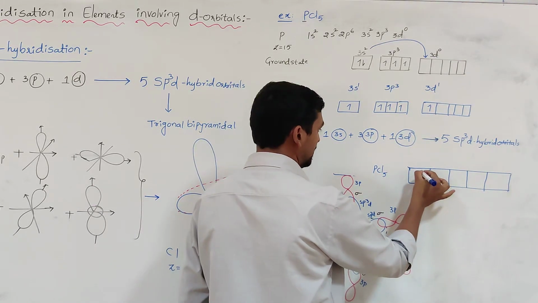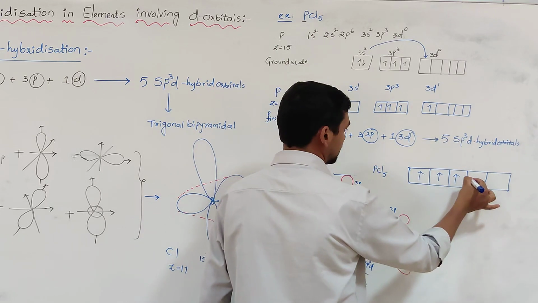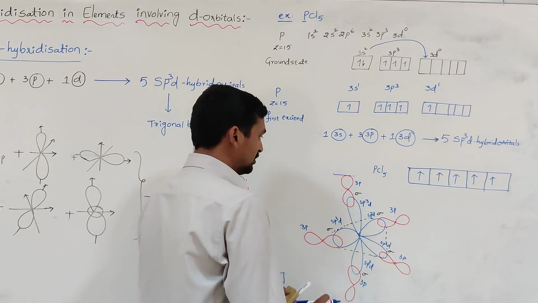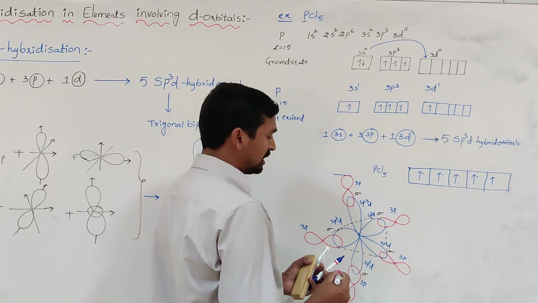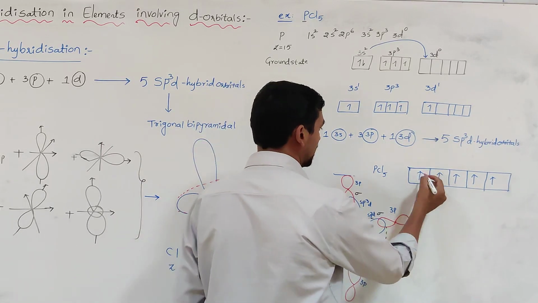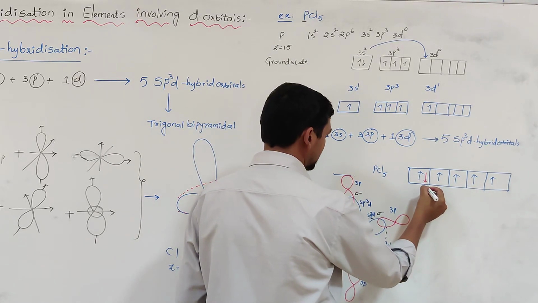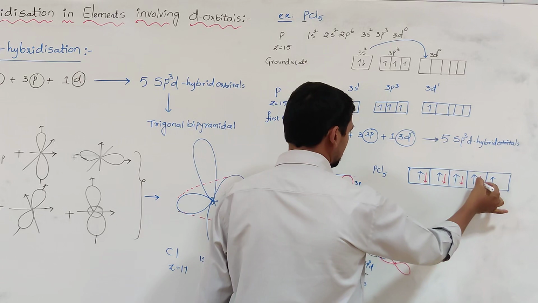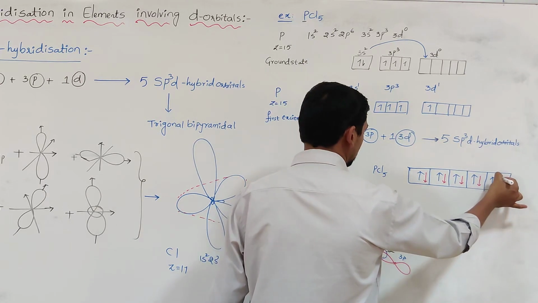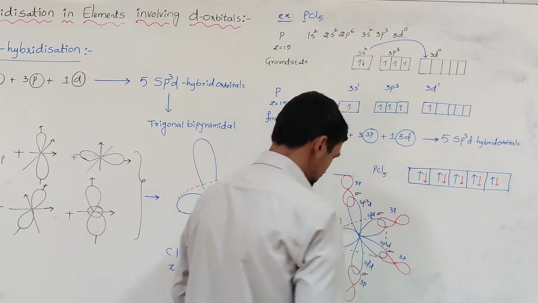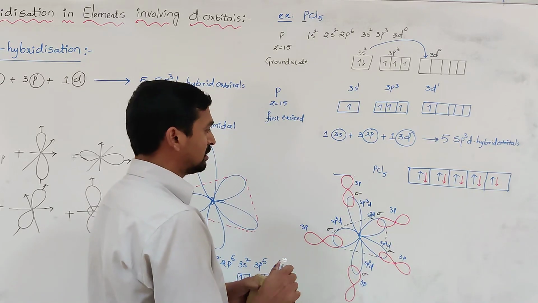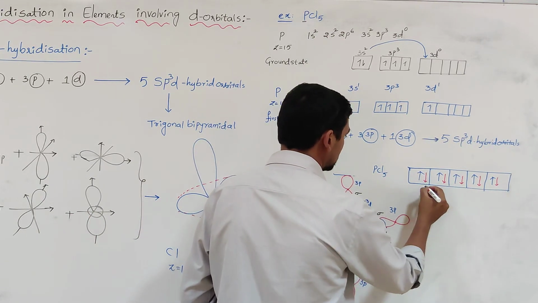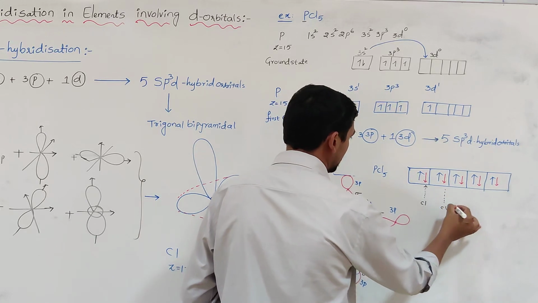Each sp3d hybrid orbital contains 1 electron. This is from the phosphorus. Now each chlorine is contributing 1 electron for pairing whenever the overlapping takes place. This electron is coming from chlorine, this is also coming from chlorine. Overlapping of orbitals results in the pairing of electrons, which results in the formation of a bond.